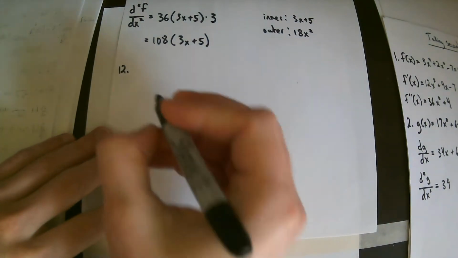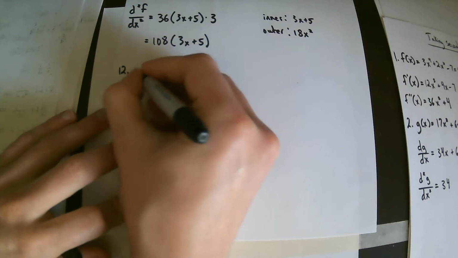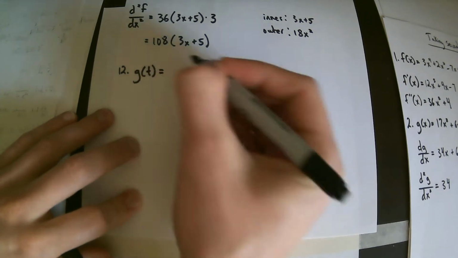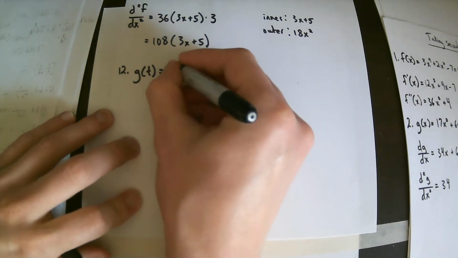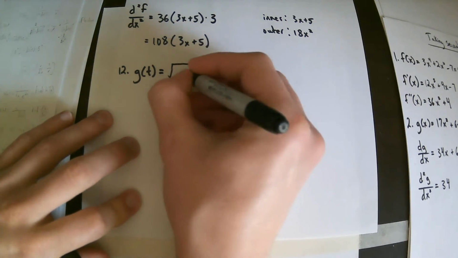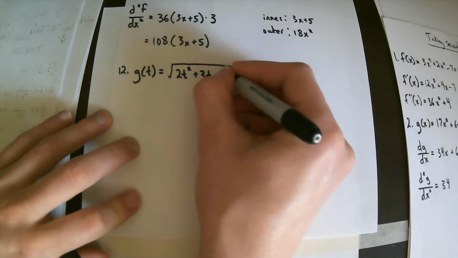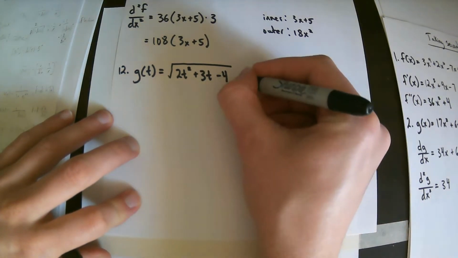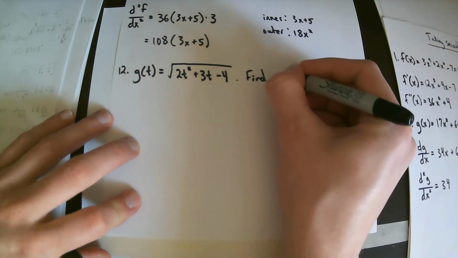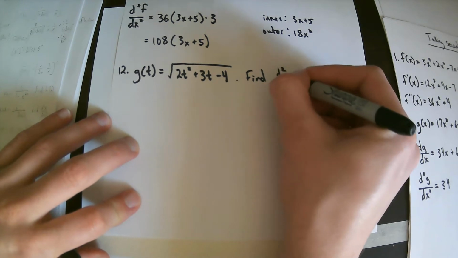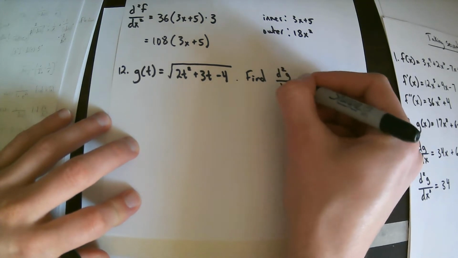Number 12. Let's say g of t is equal to the square root of 2t squared plus 3t minus 4. Find the second derivative of g with respect to t.